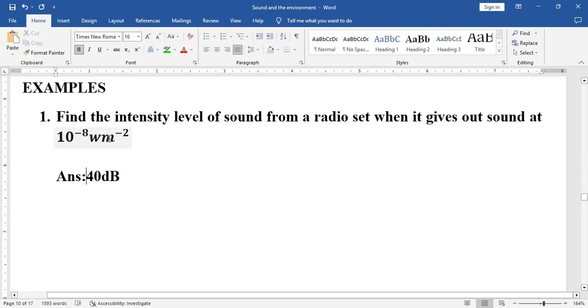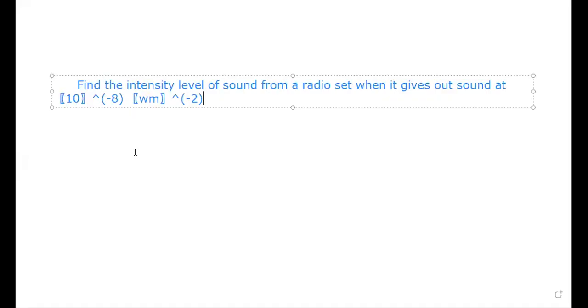Let us use the board so that we understand better.